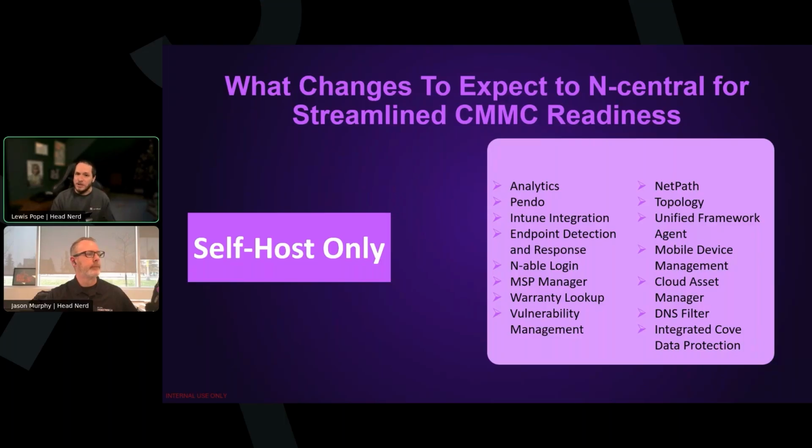They should only put CUI in systems that are approved and flagged for it. If you can implement those administrative controls and other controls to make that happen, then you're okay.